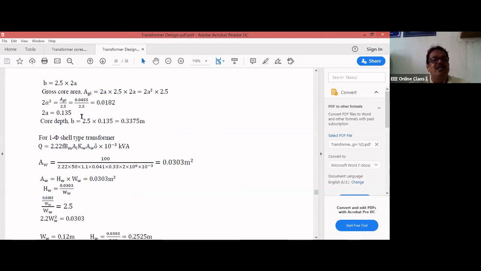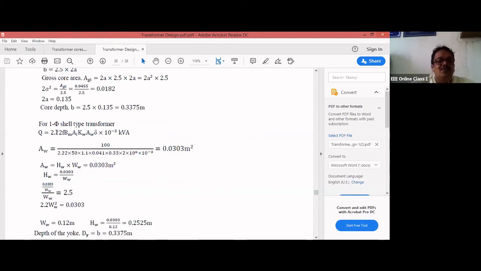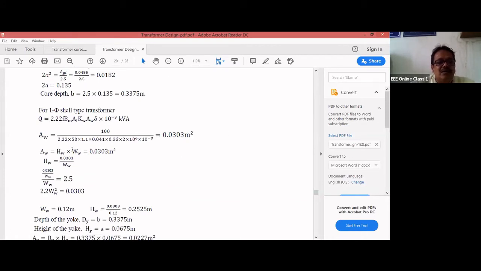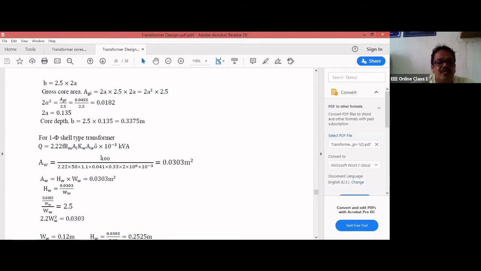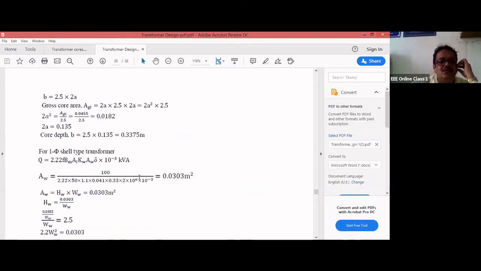After finding out the core dimensions, let us calculate the window dimensions and overall H and W. Once again, for shell type, this is the equation. From this equation, you calculate Aw, the window area.